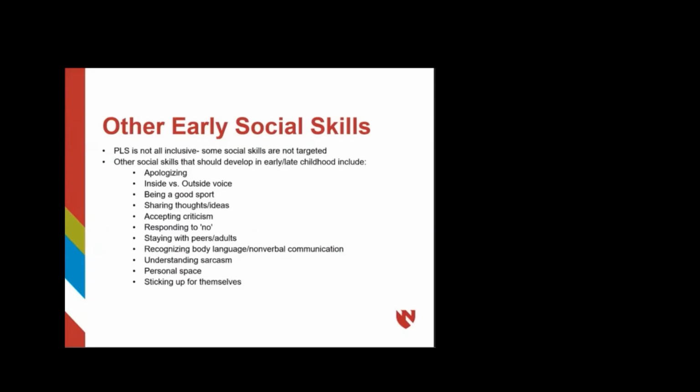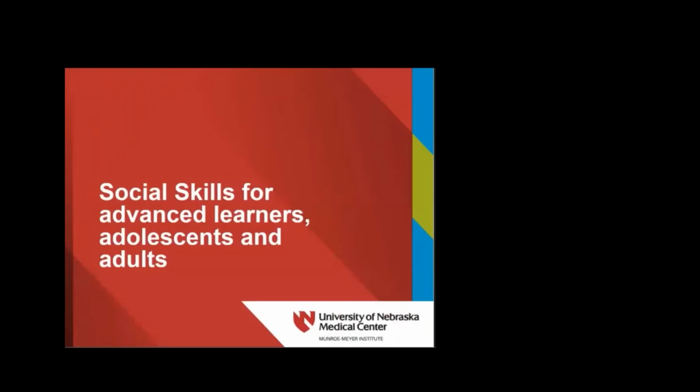So some other social skills that should develop in early or late childhood include apologizing, appropriate voice volume, being a good sport, sharing thoughts and ideas, accepting criticism, accepting and responding to no appropriately, staying near peers and adults, recognizing body language and nonverbal communication, understanding sarcasm, personal space, and sticking up for themselves.